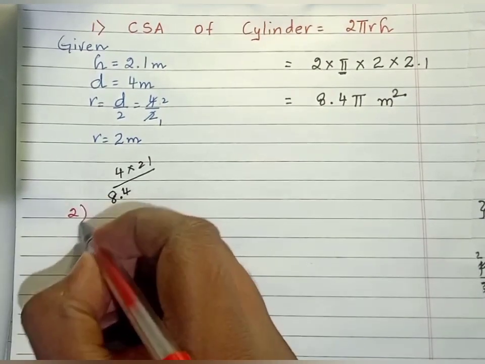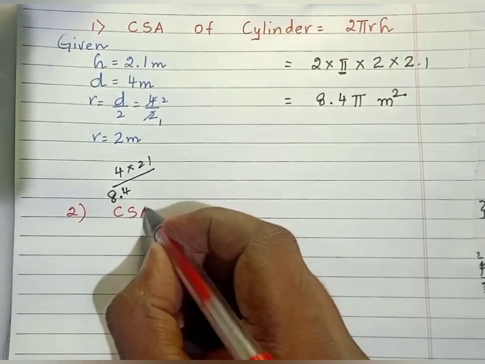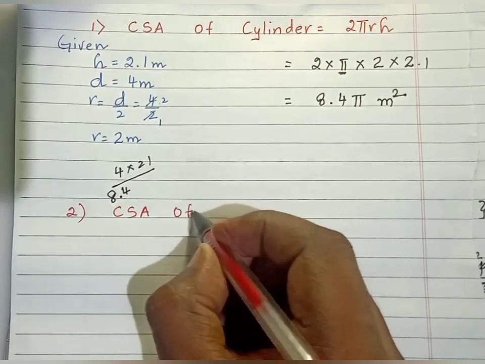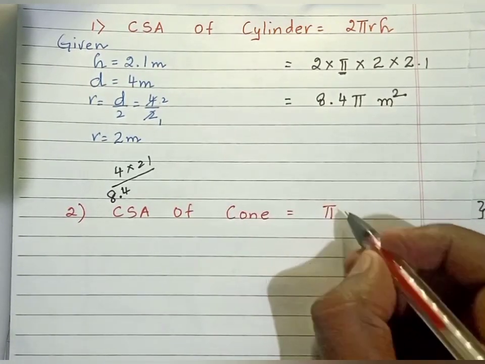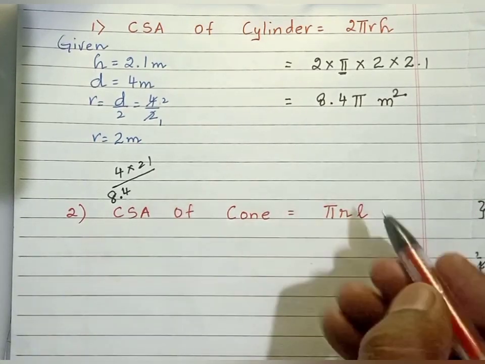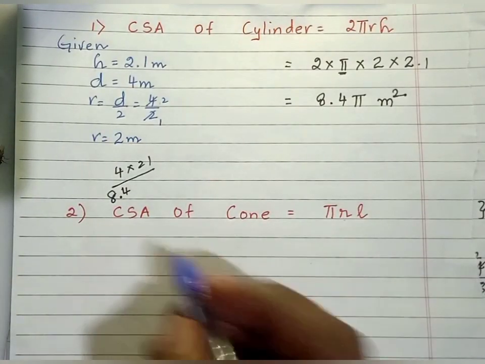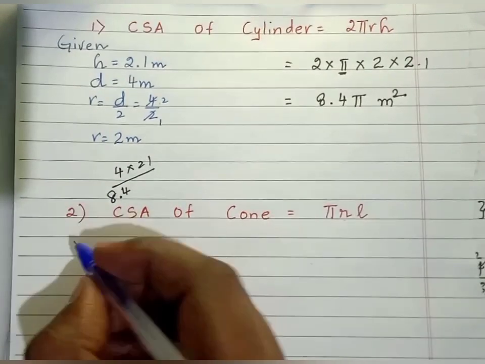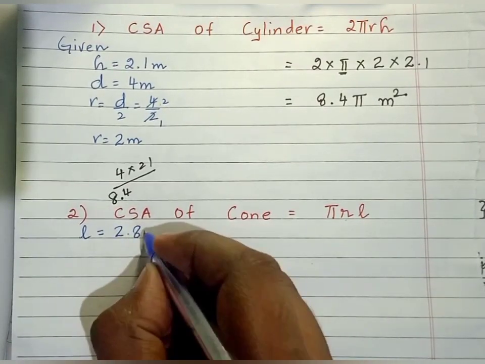Now second part, CSA of cone. So what is CSA of cone? It is pi r l. Now the radius is the same, that is r equals 2 meters, and the given slant height is 2.8 meters.